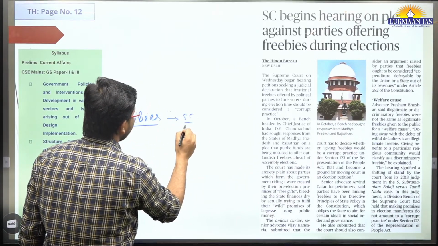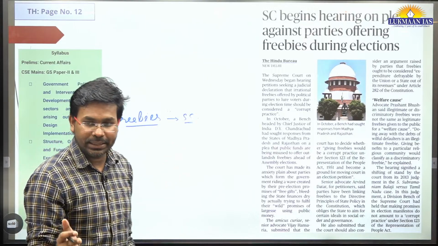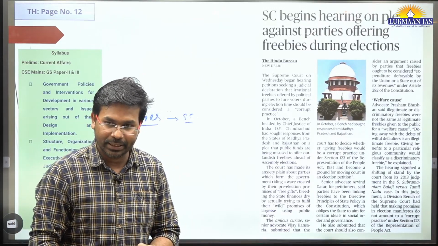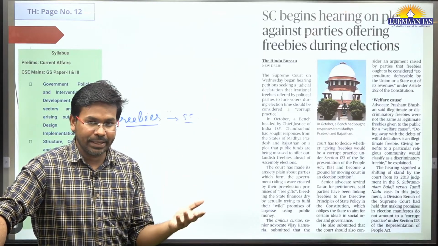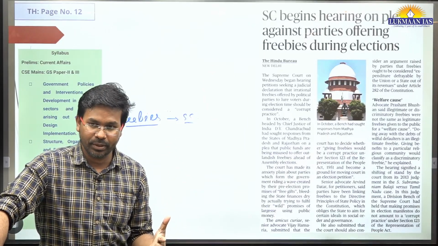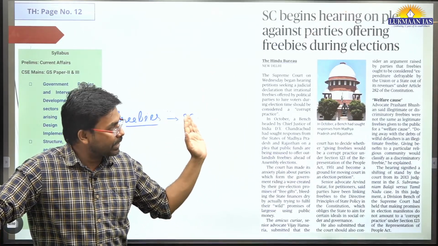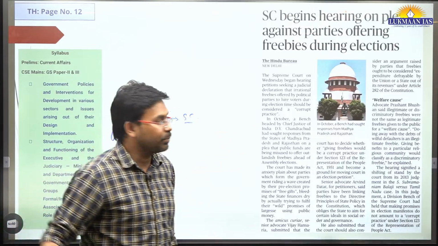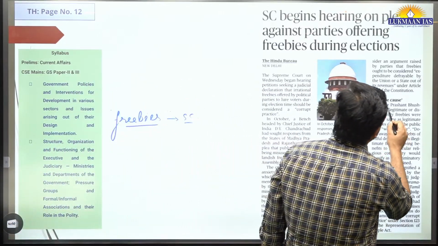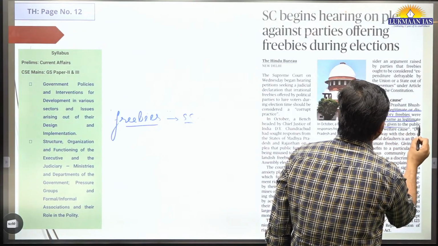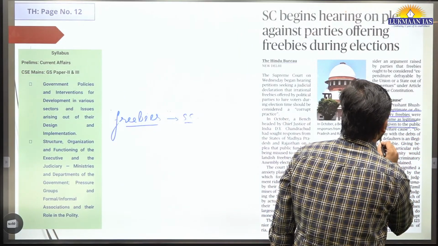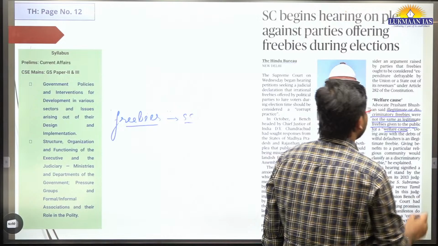Some people say that freebies are a legitimate thing, meaning candidates who are campaigning can make promises to the people. But one of the advocates, Prashant Bhushan, has said that illegitimate and discriminatory freebies were not the same as legitimate freebies given to the public for a welfare cause.